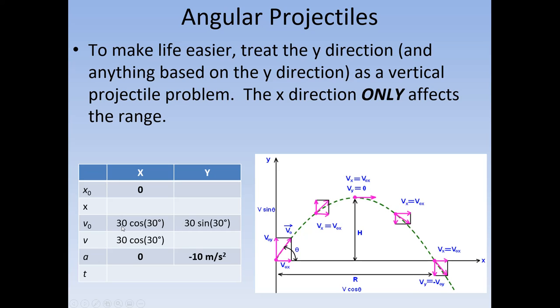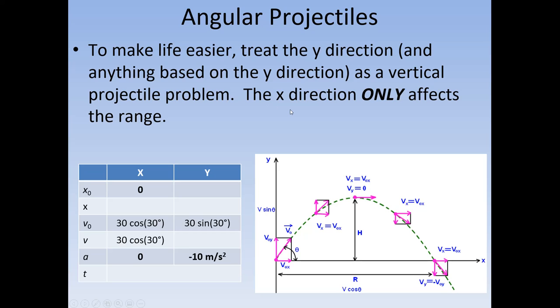If we're missing two of those three, then we cannot solve this problem. So most of the time, you're going to be focusing on the y side and then using any information in the y through time to find the x values.